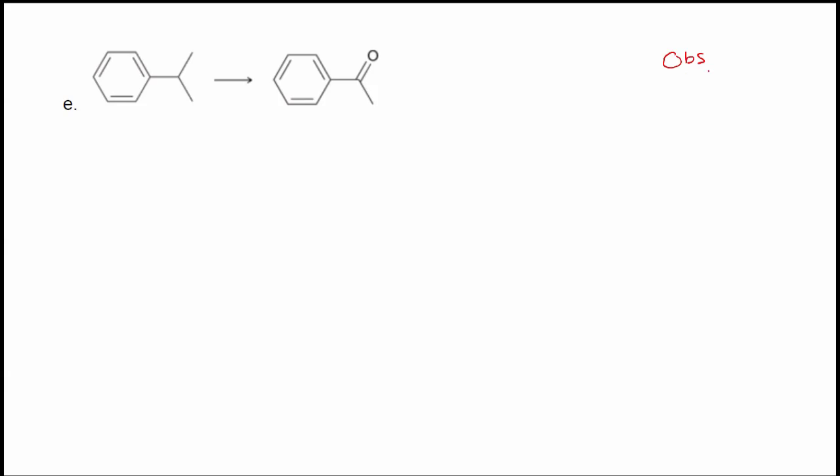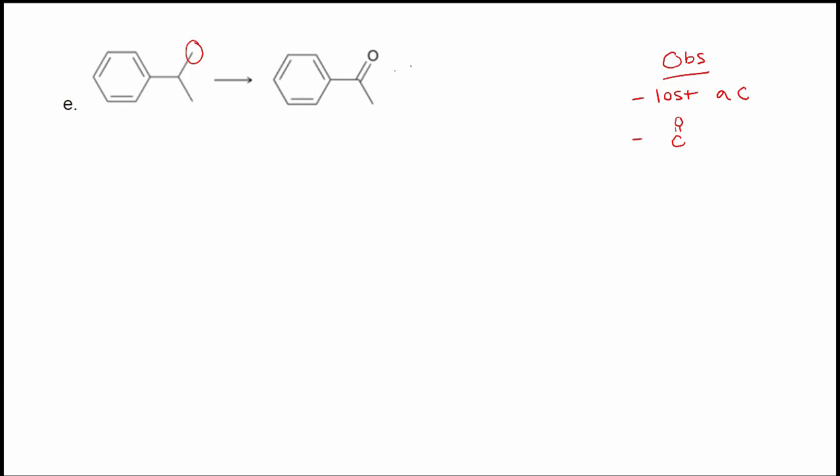All right, observations that we might make here. I lost a carbon. So this C is gone. And now we have a carbonyl. And this is one of the mistakes that I noticed about the homework, that a lot of people lost carbons or they picked up carbons. This is from the week 1 homework during the synthesis process. So you want to keep track of your carbons. So I'm losing one here.